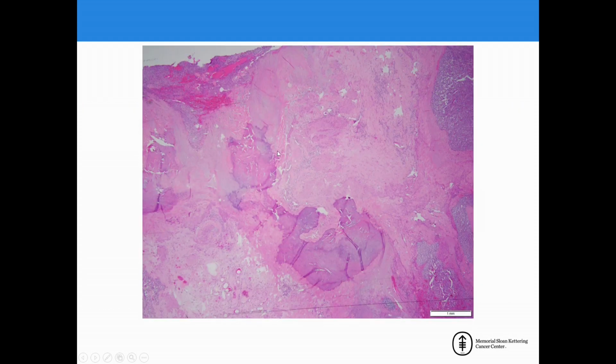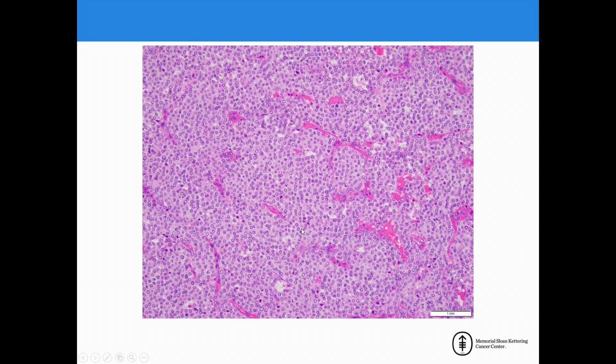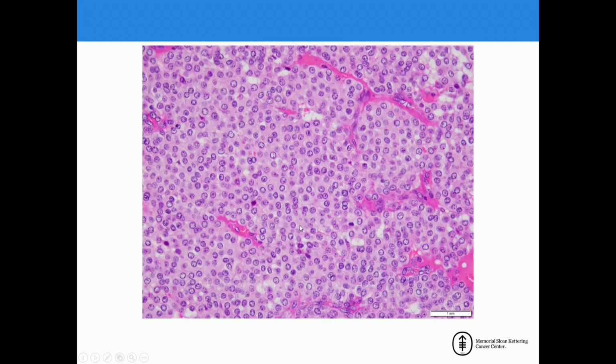Other areas focally showed infarct-like necrosis with some dystrophic calcification, ossification. Going to the cellular areas, most of the tumor had this very monotonous round cell look, which on higher power again shows these round cells, a little bit of cytoplasm, but very uniform, monotonous round cells.